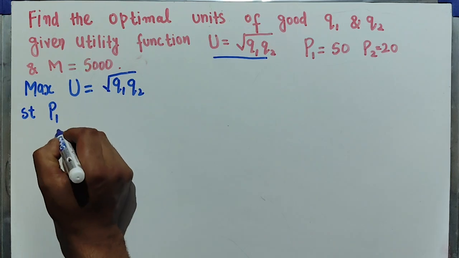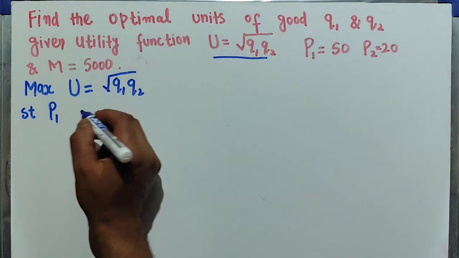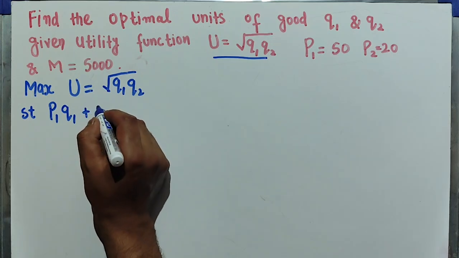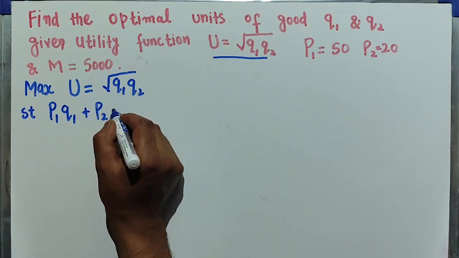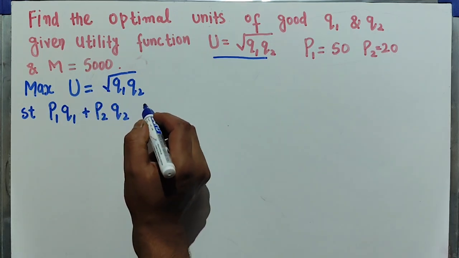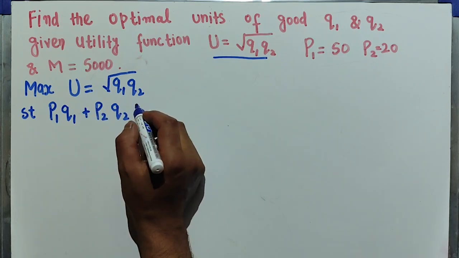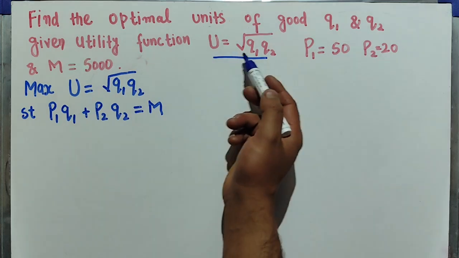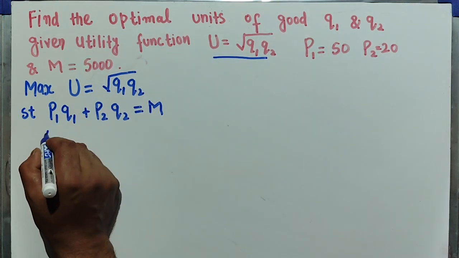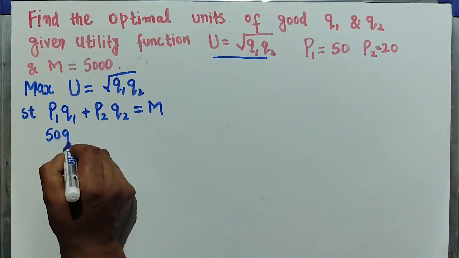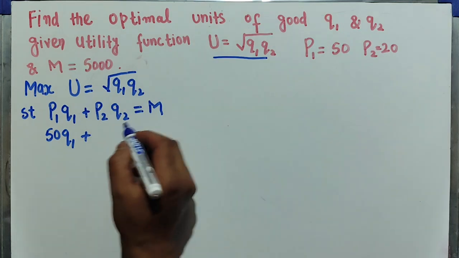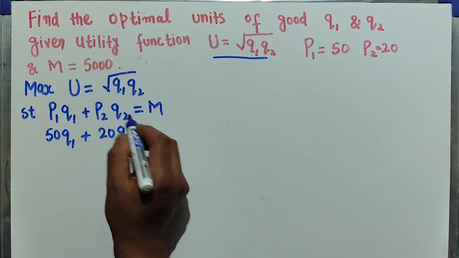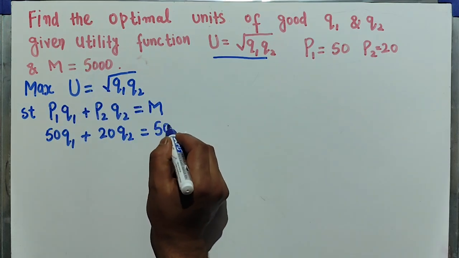That will be the price of good Q1 times units of Q1 consumed by the consumer, plus the price of Q2 times units of Q2 purchased by the consumer, and it should be equal to the income of the consumer. Specifically, P1 is 50, so we have 50 Q1 plus 20 Q2 should be equal to the income of the consumer, which is 5,000 here.